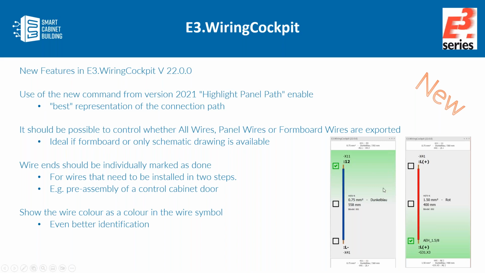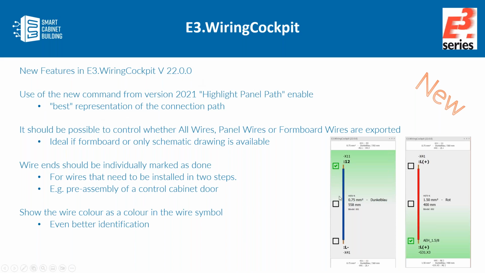And if you open the file in the final assembly, then for all the wires which are only done with one end, you get a list to check those, or to wire, to process also the second end. So this is also a nice feature supported with the version 2020.00.